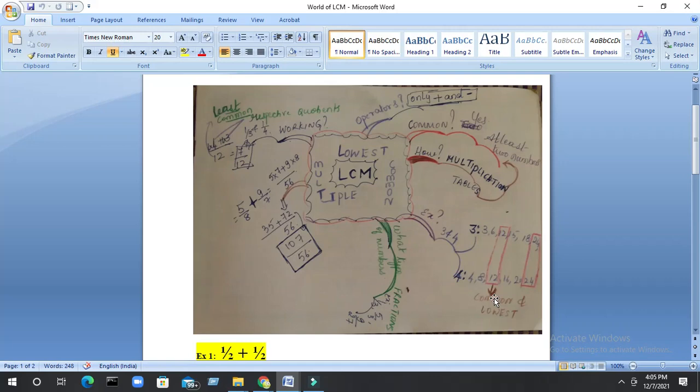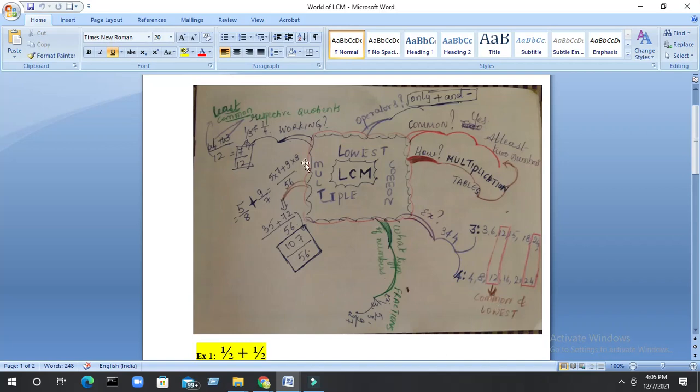For example, 2 plus 3 is dead easy for us; we say it is 5. The same thing, 1 by 2 plus 1 by 3, is not that easy. Then what is the route? It is by finding the LCM. In the mind map I also have one example, so let's go deeper into the examples.